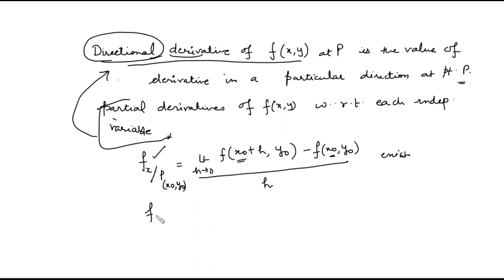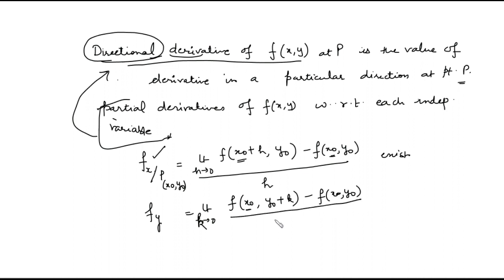In case of partial derivative of the function with respect to y, we'll find out the rate of change of the function with respect to the y coordinate. So we will take x coordinate to be fixed and change in y.